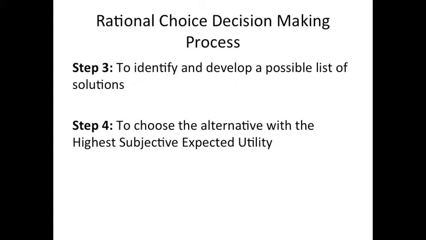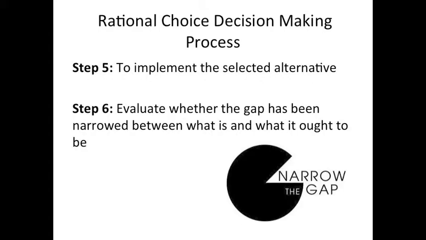So you want to go to step 4, which requires you to choose the alternative with the highest subjective expected utility. And we already discussed the subjective expected utility, and we discussed it in its maximum capacity earlier. The last two steps are sort of self-explanatory. In step 5, you want to implement the selected alternative.